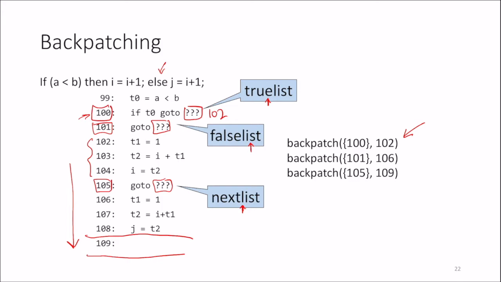The false list here is when the condition was false, it would end up in this part of the code, right? So that's why this one would result in go to 106, start here, which is this else part over here. And finally, last is the next one here, which is in a while loop or a for loop, it's going to go back up to one of the previous locations.